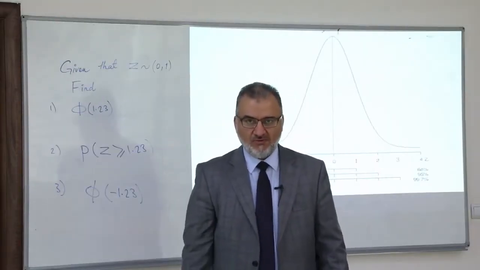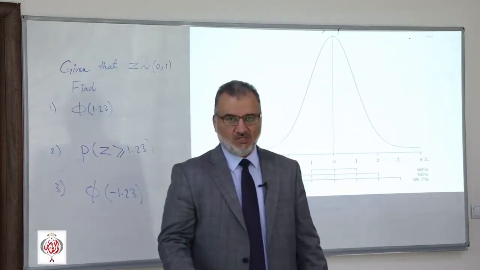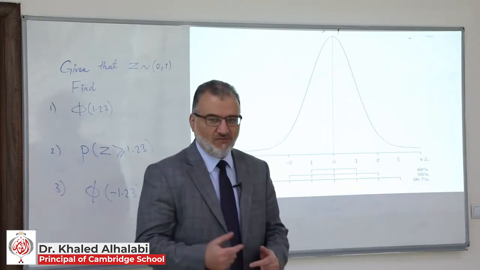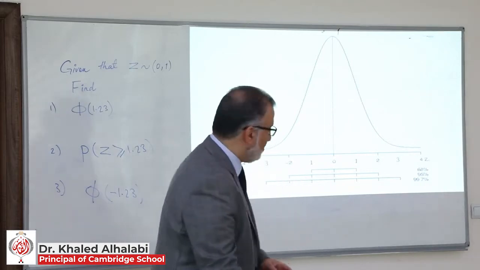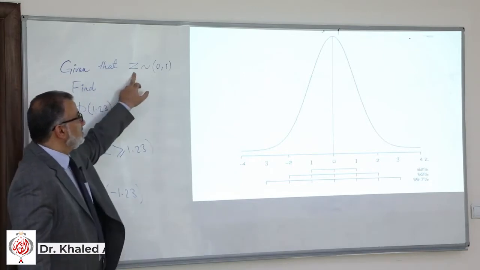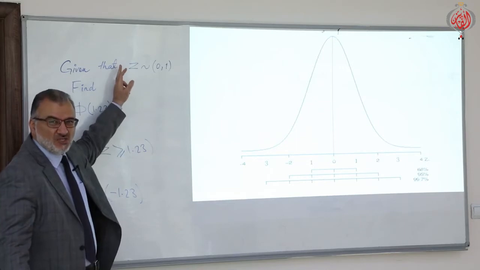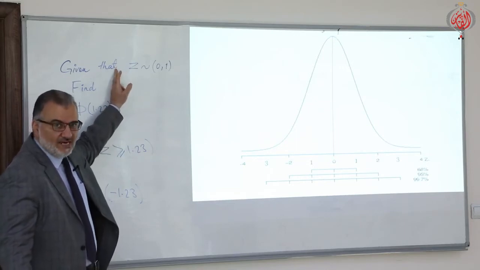We will continue solving some questions based on the standard normal distribution. It will be a continuation of the previous video. Given that Z, what does Z mean? Z means standard normal variable.